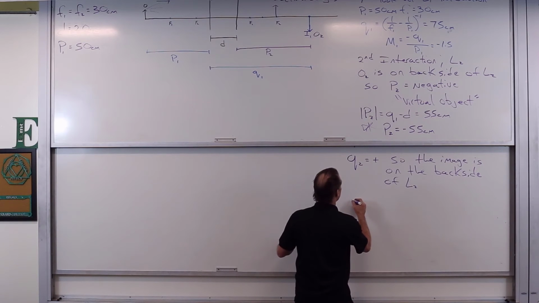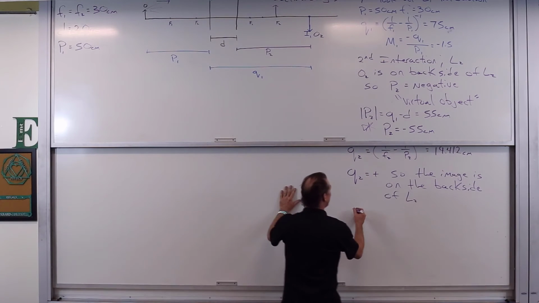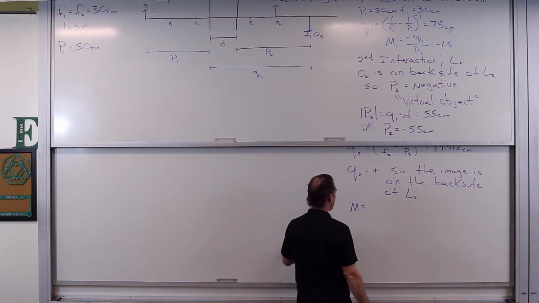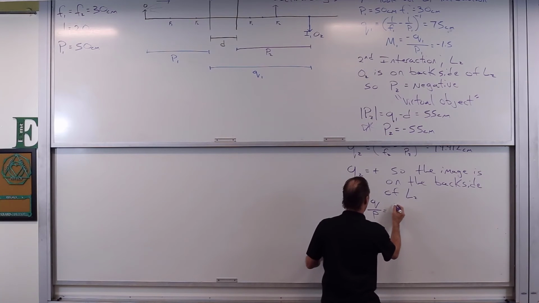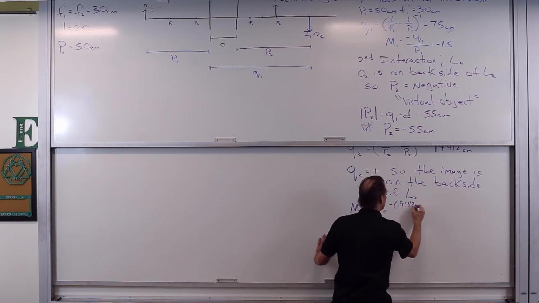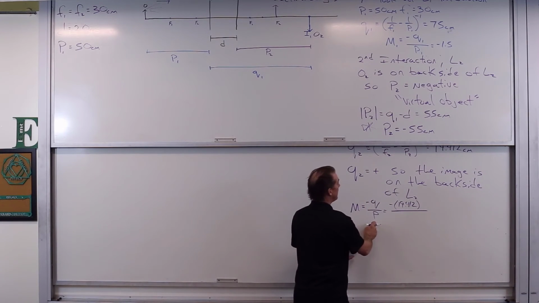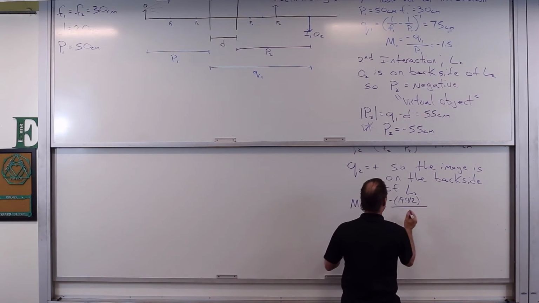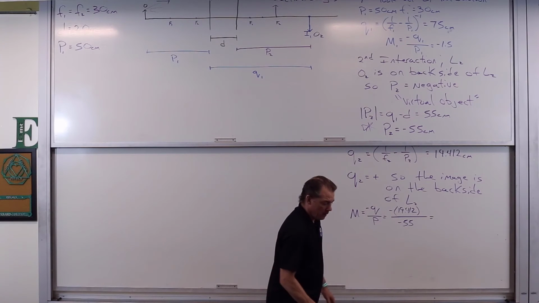What else can we do with this? Calculate the magnification. M is going to be equal to negative Q over P, which is equal to, uh-oh, I'm messing something up. Watch. Negative 19.412 divided by P, which was negative 55. So look at this.